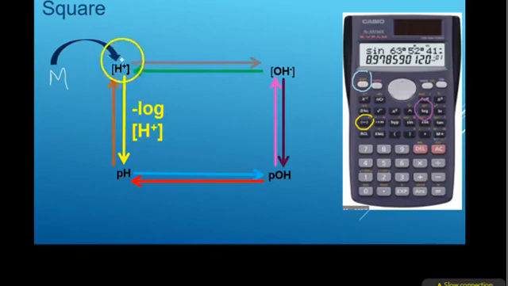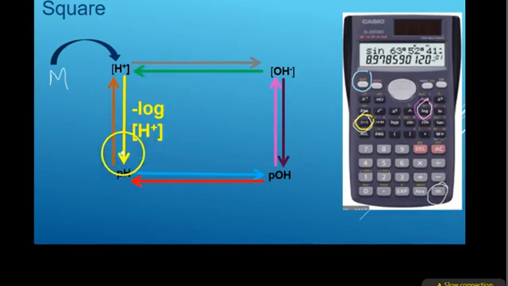If you're at the hydrogen ion concentration and you want to get to pH, you're going to take the negative log. So come over to your calculator. You're going to take the negative log of whatever your number was for your hydrogen ion concentration, and then of course equals.